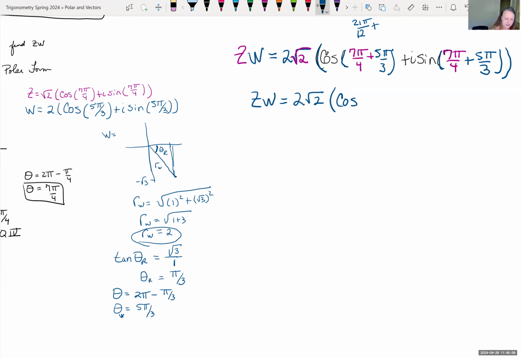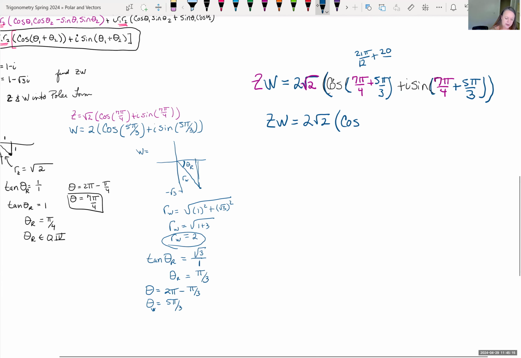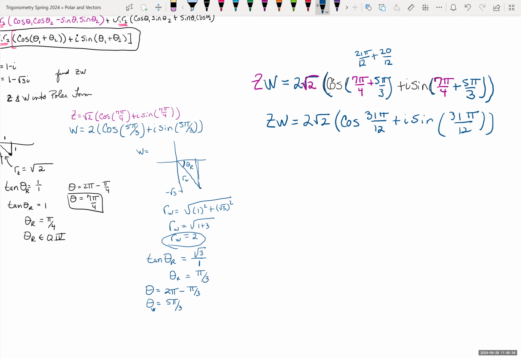So 21 pi twelfths plus 20 pi twelfths. Just getting a common denominator. That gets me 41 pi twelfths, plus i sine of 41 pi twelfths.